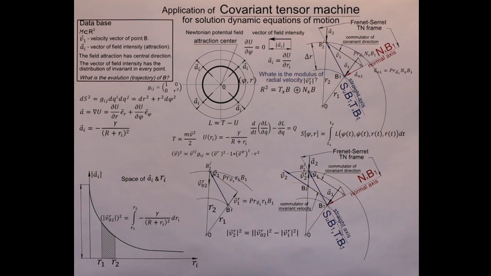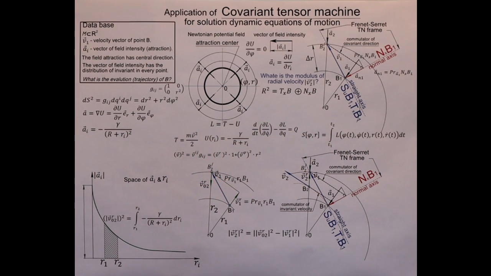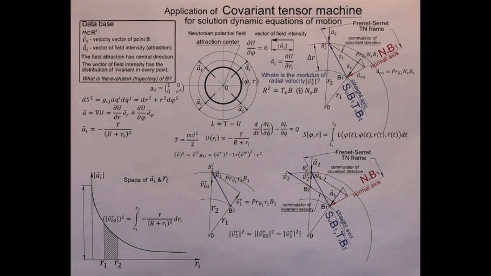This radius is defined by the graphical method as shown in the picture. On the other hand, point B2 can receive the projection of the velocity vector on the radial axis R1. It is the radial velocity at point B1 without action from the field.